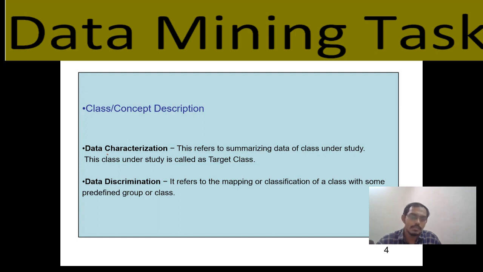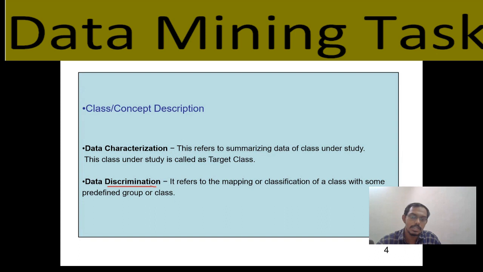Within this cluster, we store the data. Whenever we store the data, we identify the characteristics of this particular data and which is the target class for it, and we send this data to the targeted class.